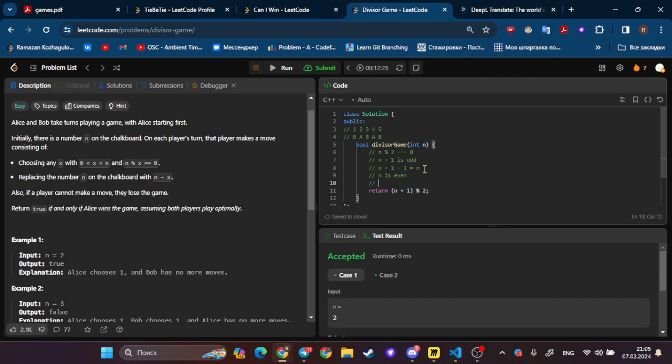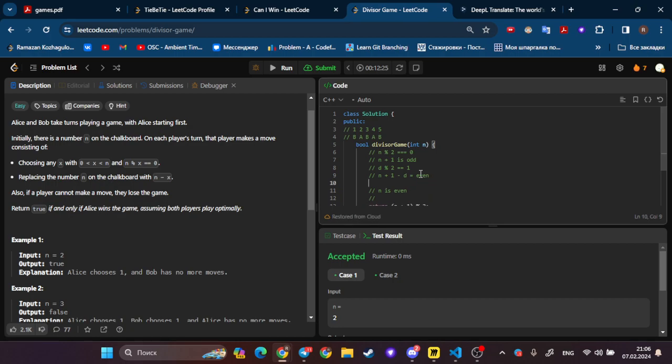Because all of the steps, because all of the divisors of n are odd. And if we subtract there, we always get even.